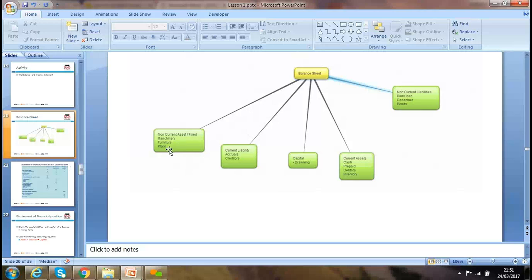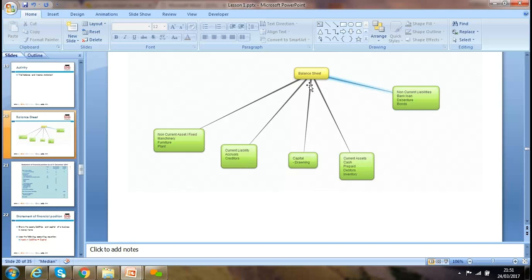So non-current assets are also called fixed assets: machinery, furniture, plant. Current assets are cash, prepaid, debtors, and inventory. Current liabilities are accruals, creditors.